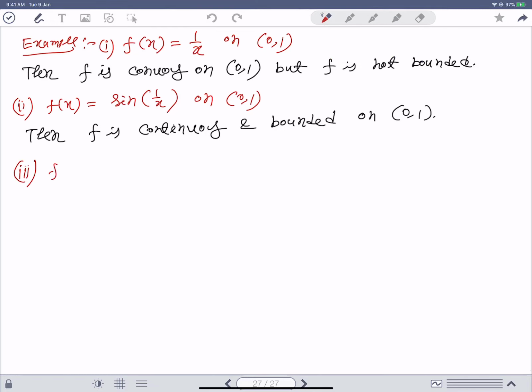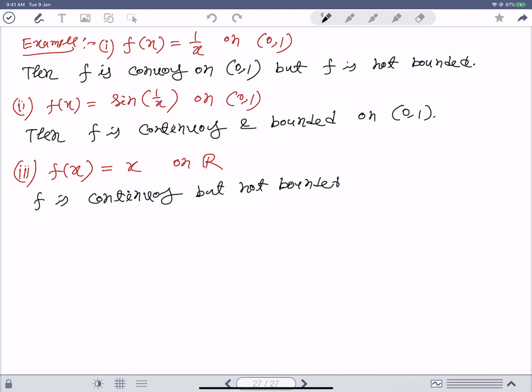For example, if we take just the simple function f of x equal to, say, x on R, then f is continuous but not bounded. On the other hand, if we take f of x equal to just a constant function on R, then f is continuous and bounded.